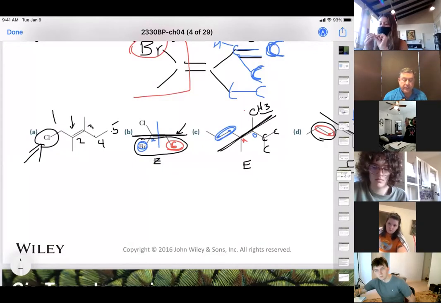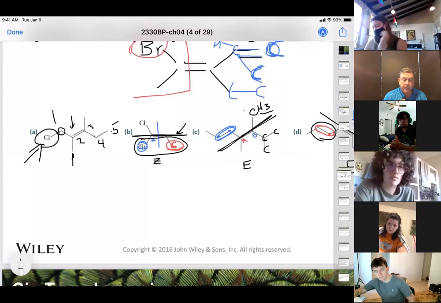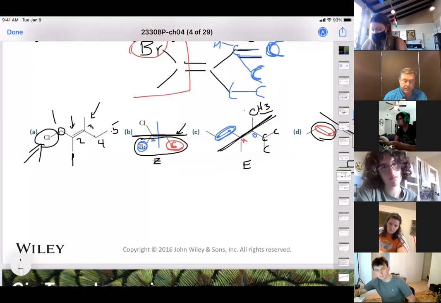Okay, so see if I started from here, with number 1, our first substituent would be on a number 2. If I started back here, our alkene would be on a number 3. So I have to start from this side. So that's starting with that as a number 1.